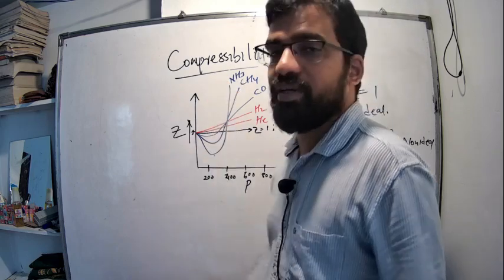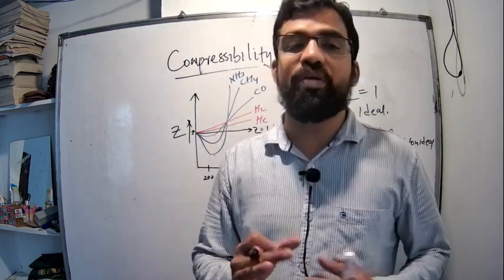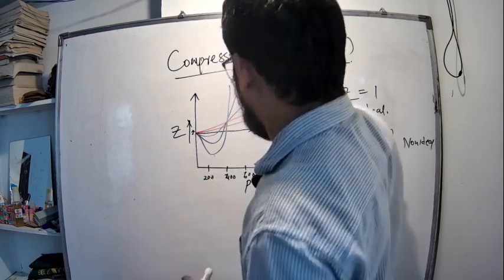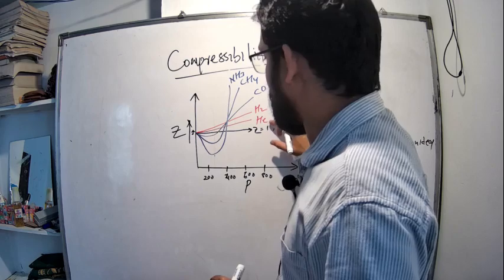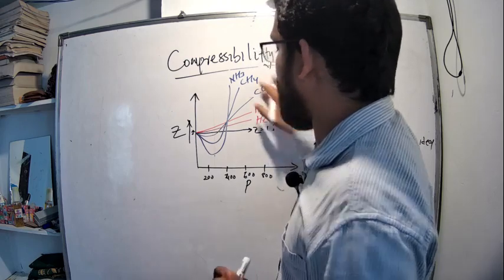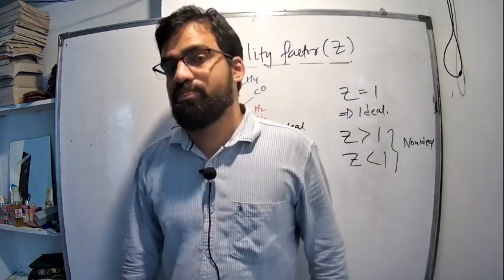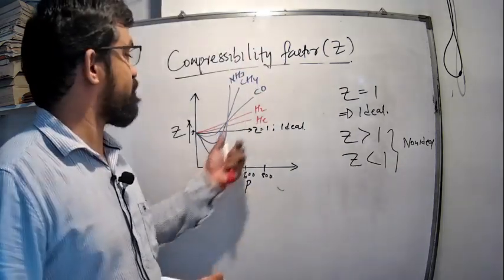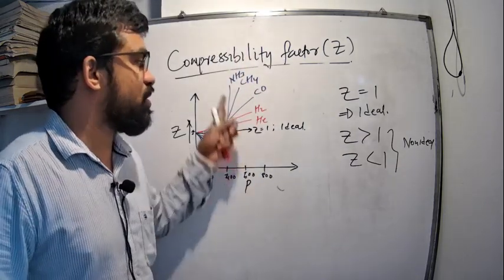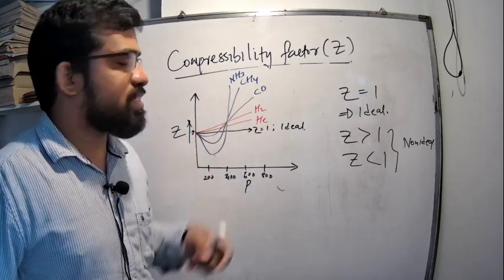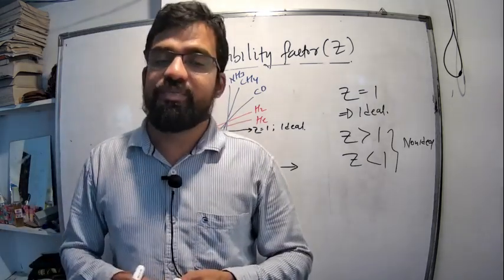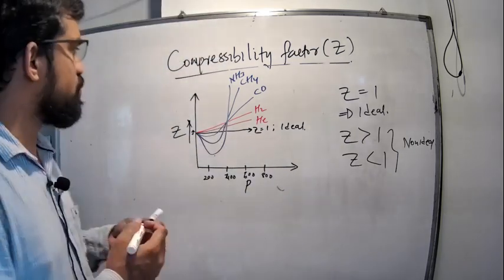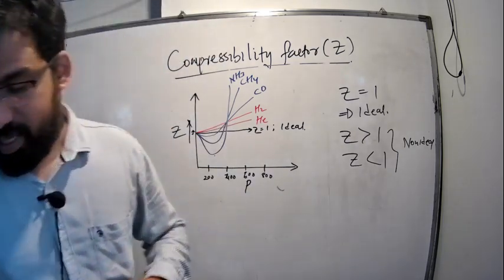One more important thing to note: at very high pressure, above 400 atm, all gases have Z greater than 1. Why? Let us discuss that.